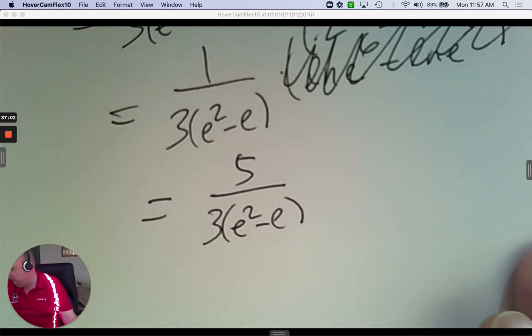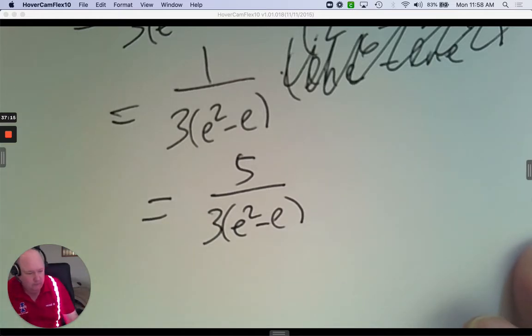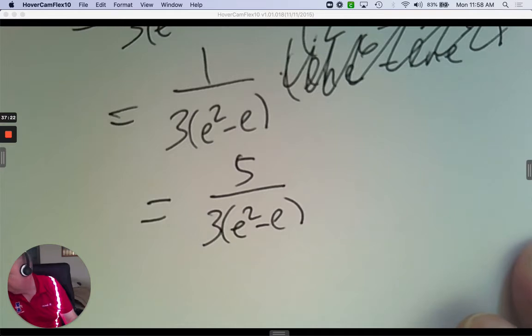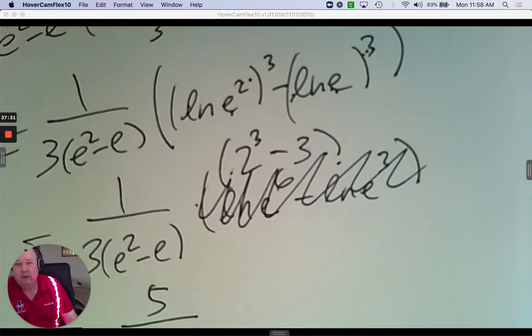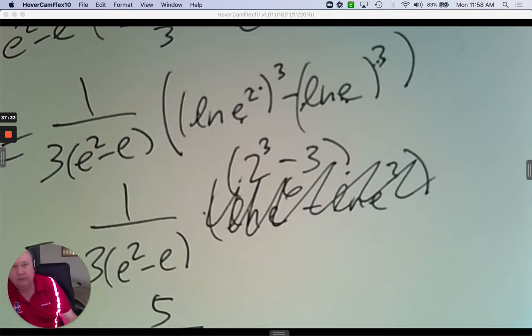Pretty challenging, right? All right. Making sure I did it right. The answer key is just a little bit different.